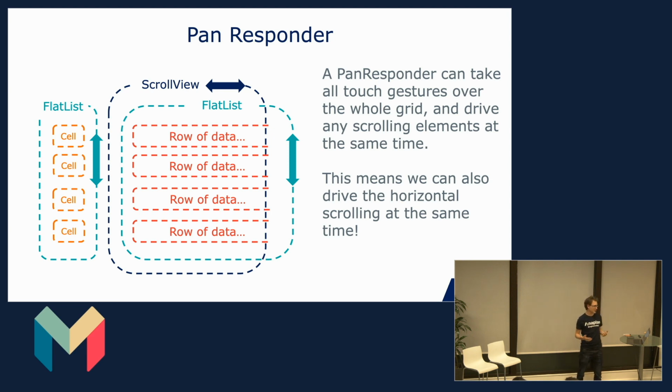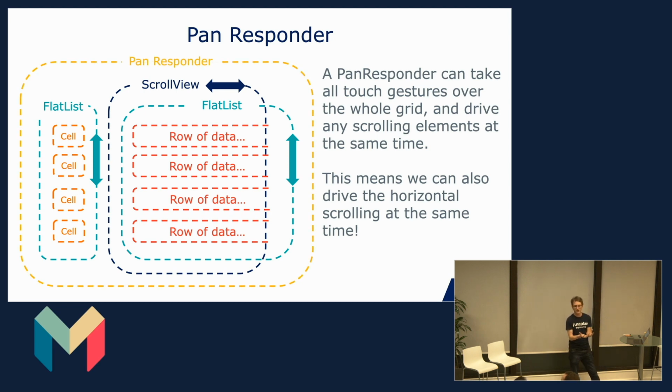Now, a pan responder is something which takes a gesture from our device and gives us the information about that gesture while it's going on, as well as after it's finished. And this gives us a whole bunch of new things that we can play with here. If I bring in that pan responder to wrap the entire thing, so I'm wrapping my scroll view and both my flat lists in this pan responder, every time a gesture happens, I can take that information and tell both the flat lists and my scroll view to scroll at the same time.